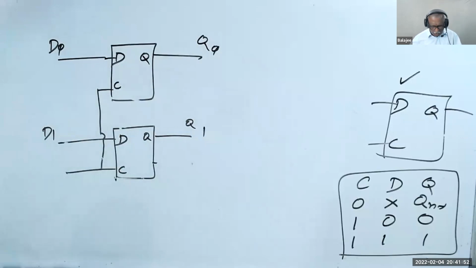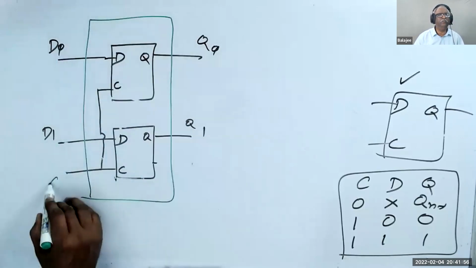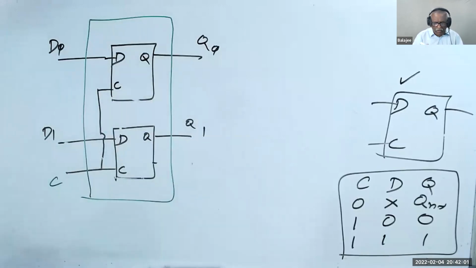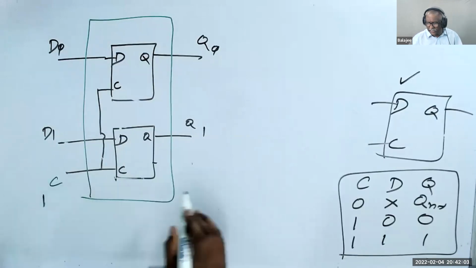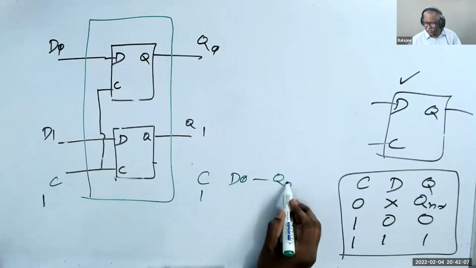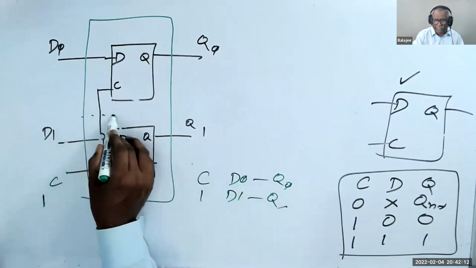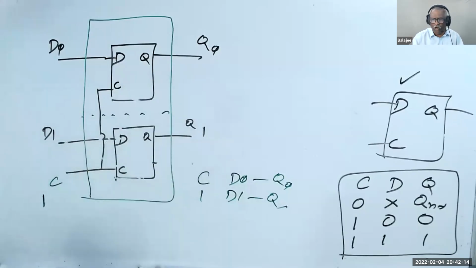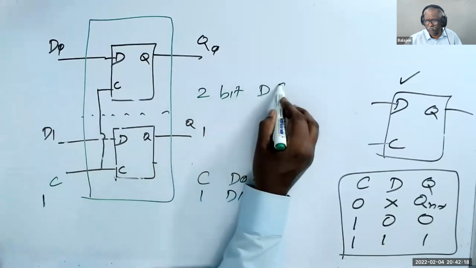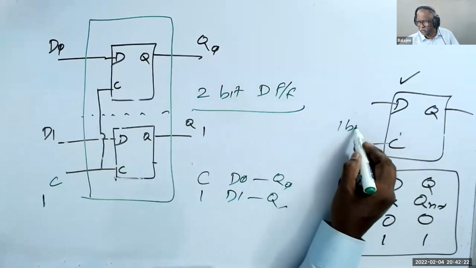If I draw the block, this is C, and I added two of them. Now when C is 1, D0 goes to Q0 and D1 goes to Q1. They're individual, not the same. This is called a 2-bit D flip-flop. This is single bit, 1 bit, and this is 2-bit.